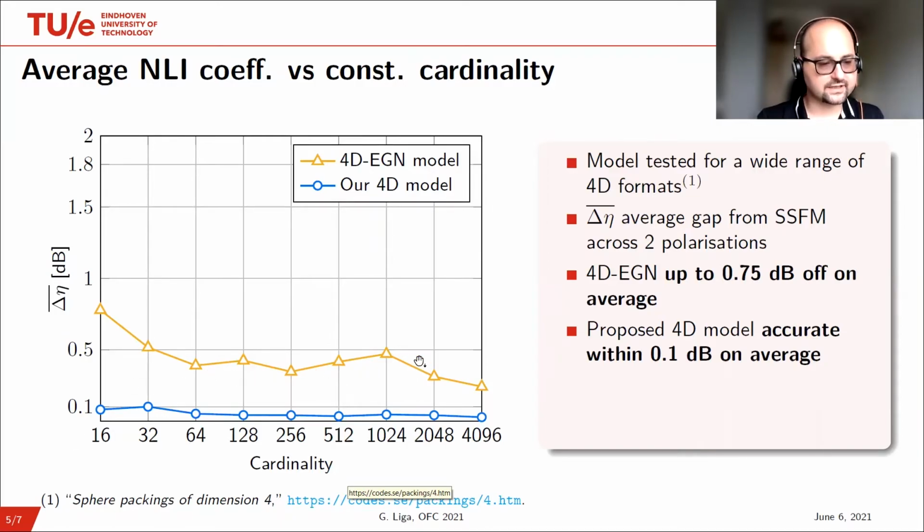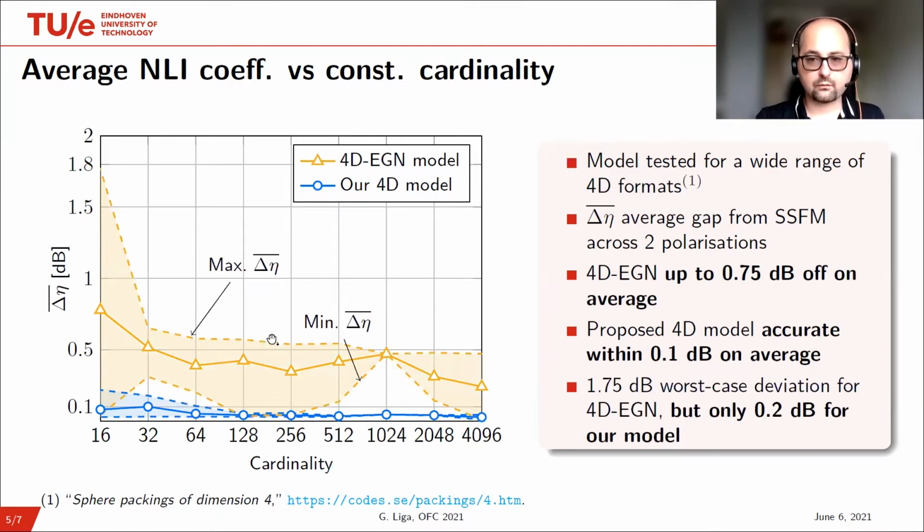But for higher cardinalities, the gap reduces to within 0.5 dB. Still, our model on average is within 0.1 dB across all modulation formats included in this database.